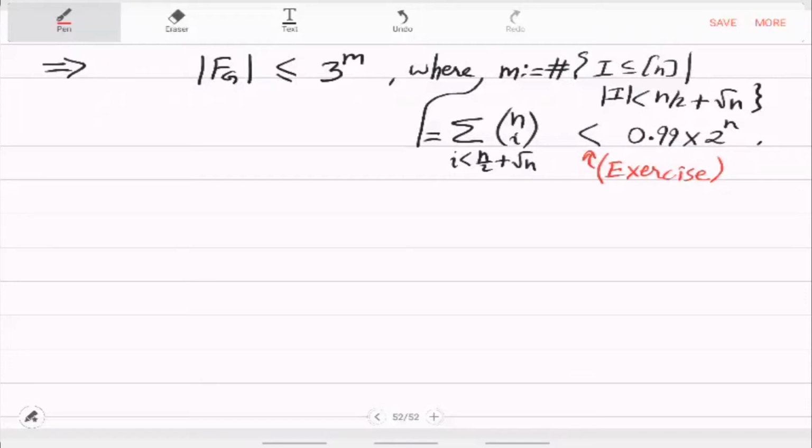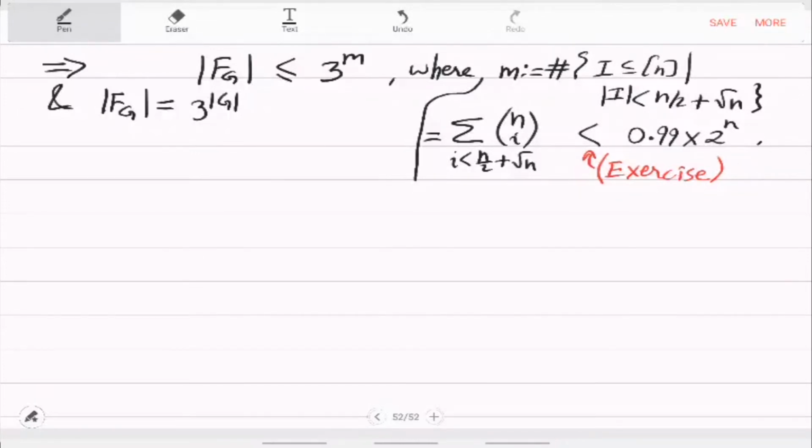So that is what m is. m is a fraction of 2 raised to n. On the other hand, F_G, in terms of the domain G, you get 3 raised to size of G. So we are counting it in 2 ways. One is simply by the domain size of G, and that gives you 3 raised to |G| many functions.